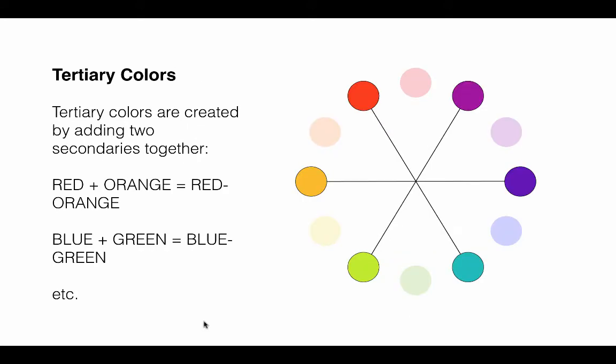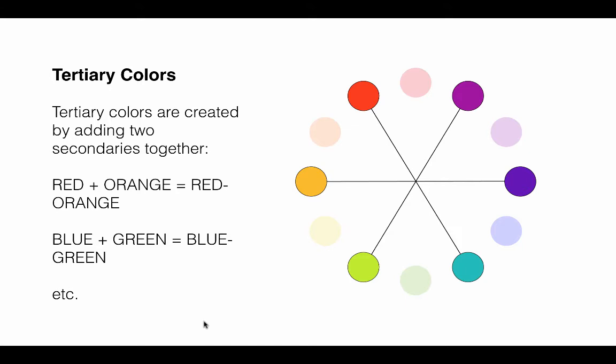Let's talk about tertiary colors. With tertiary colors, essentially all you're doing is adding a primary color with the secondary color that's next to it and creating a blended in-between color. For instance, red plus orange is going to yield red-orange. It's important to recognize that you always put the name of the primary first in the compound word.